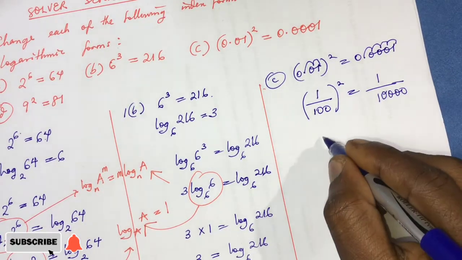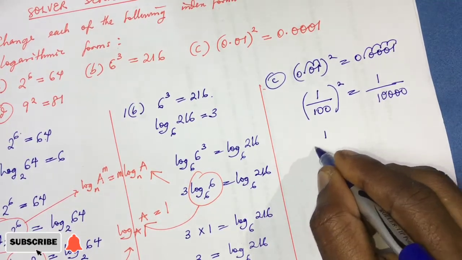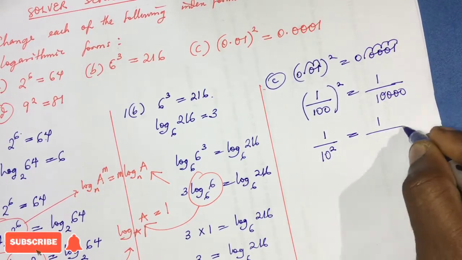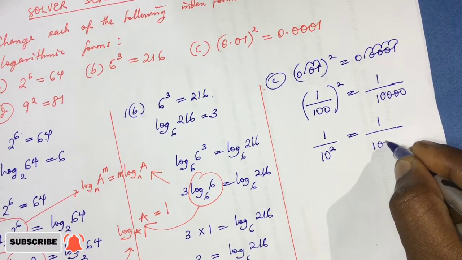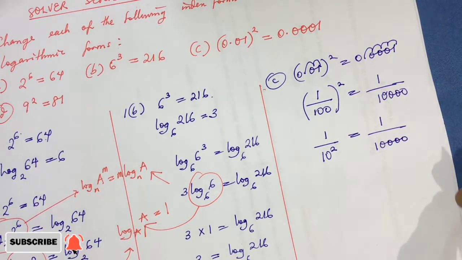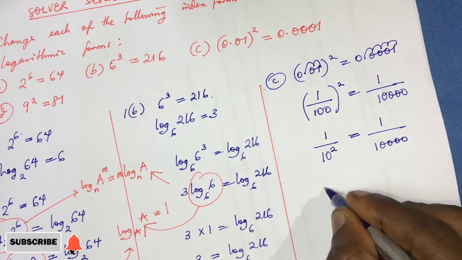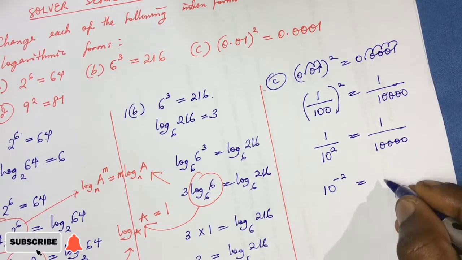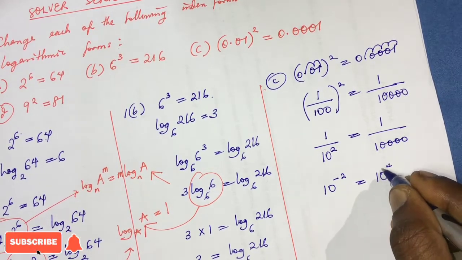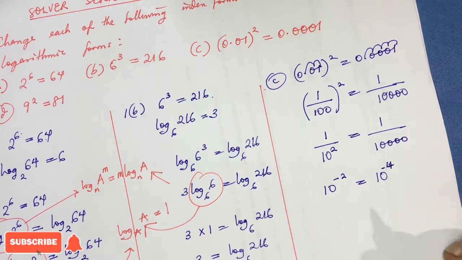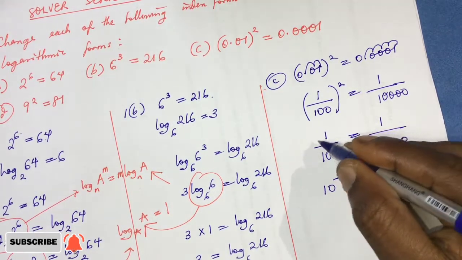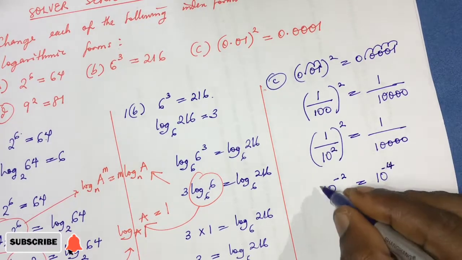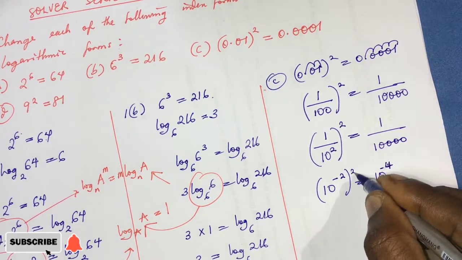Now, this will give us 1 over 10 raised to power 2, and this will give us 1 over 10,000. If you do this, this will give you 10 raised to power minus 2 equals 10 raised to power 4, 10 raised to power minus 4. On this hand, 1 over 10 raised to power 2 all squared. Take note, this will be 10 raised to power minus 2 all squared.